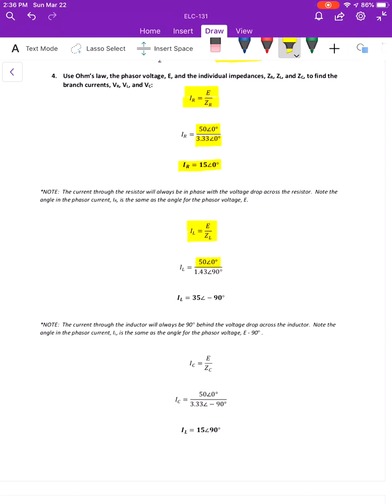Our phasor voltage, 50 at 0 degrees, divided by our inductor impedance, 1.43 at 90 degrees. 50 divided by 1.43 gives us 35 as our magnitude, or length of that vector. 0 minus 90 degrees gives us a -90 degree phase shift for I sub L. And then for our capacitor, our phasor voltage divided by the capacitor impedance gives us 15 at 90 degrees.